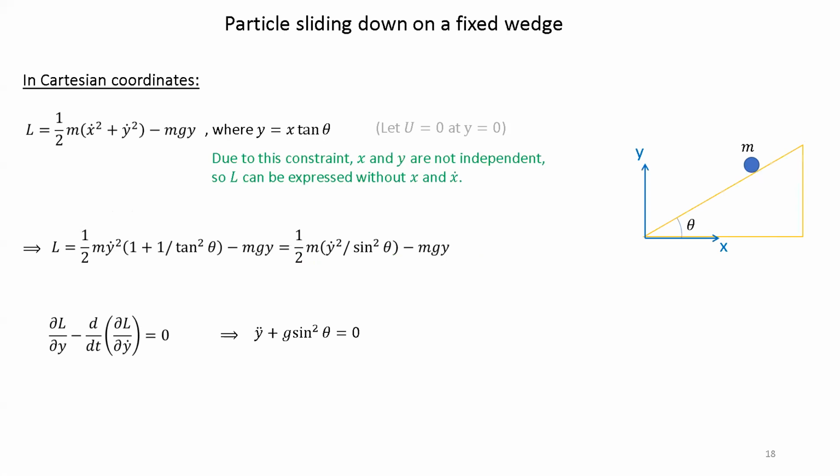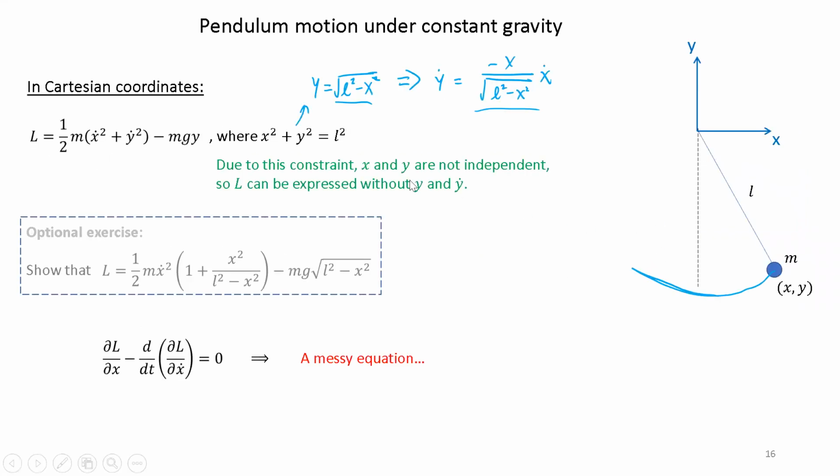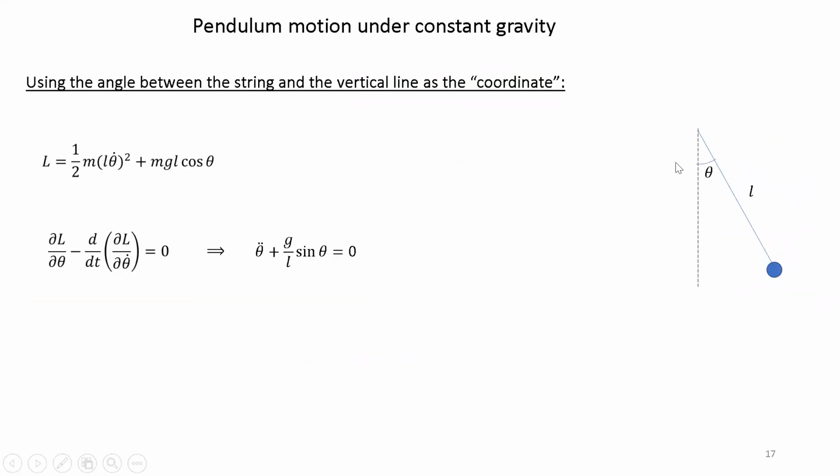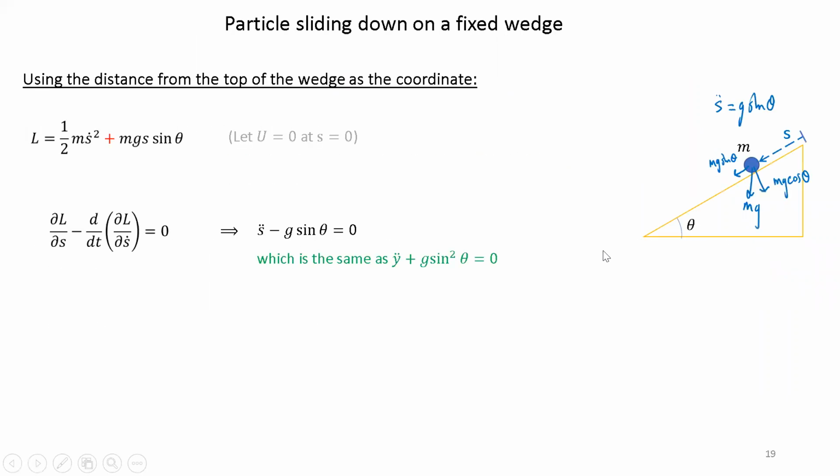Then we are free to select the kind of coordinates that we think are more convenient. So for example here, instead of using x or y, obviously theta is more convenient.